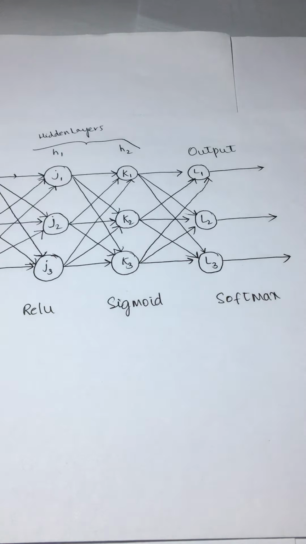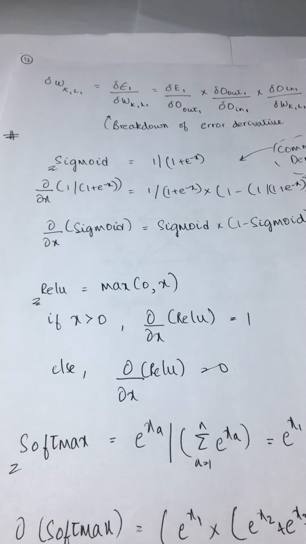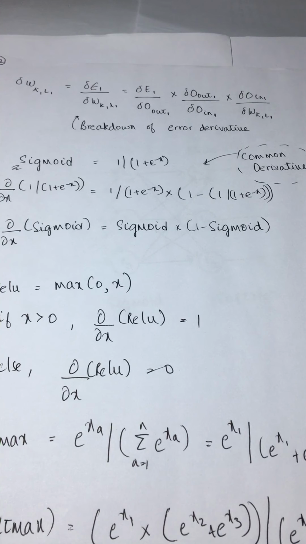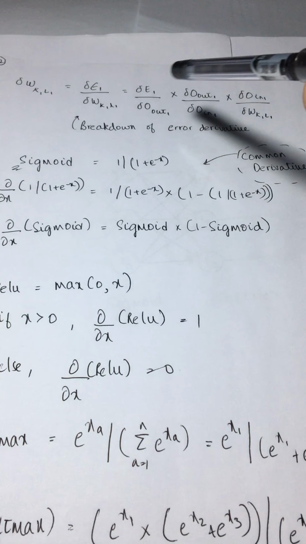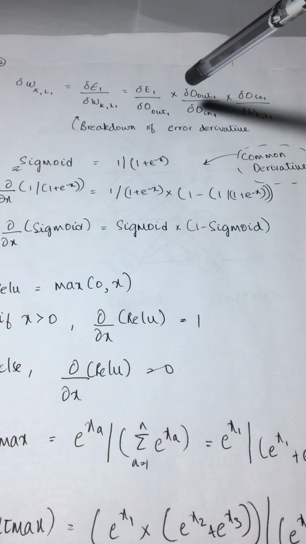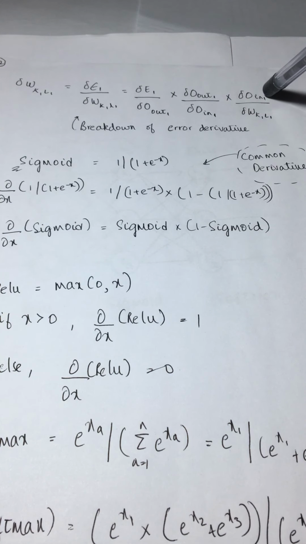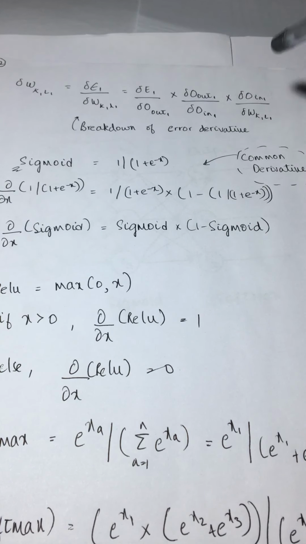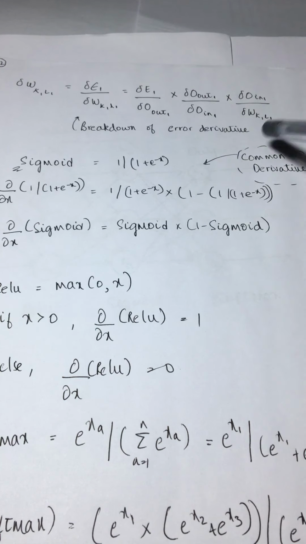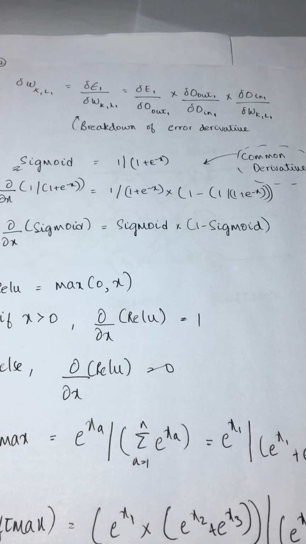Since you cannot directly take the derivative of error with respect to weight, you break down the derivative into the derivative of error with respect to output, into the derivative of output with respect to input, and input with respect to the weights. Basically, these terms would get cancelled, and you would end up with the same thing. This is what the chain rule is, right?